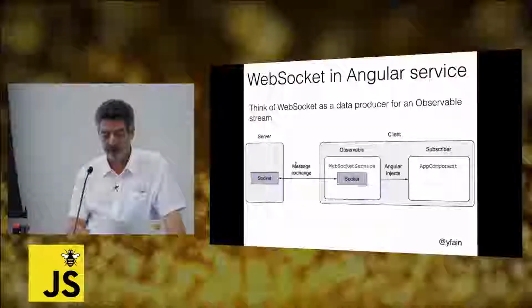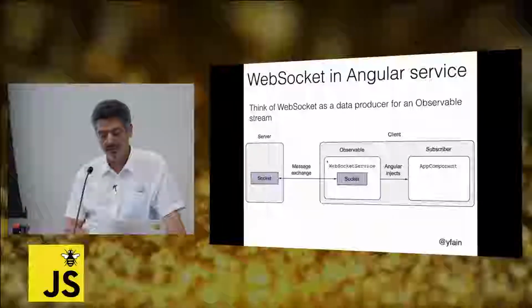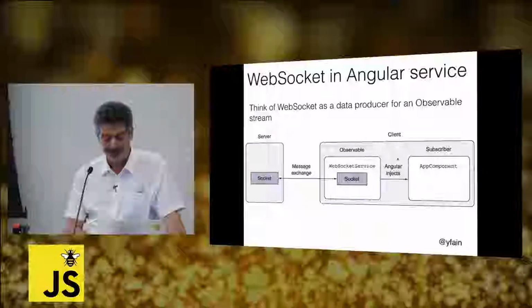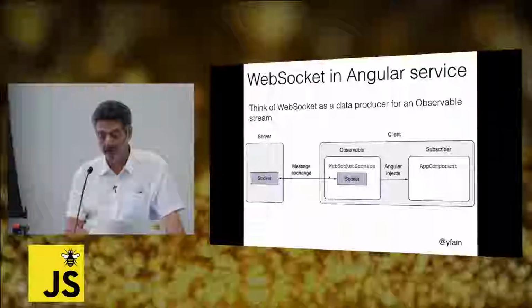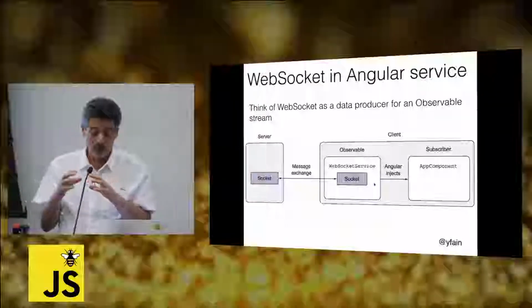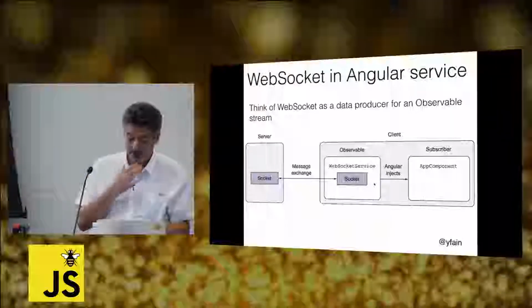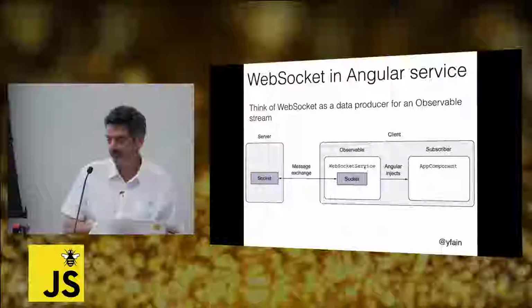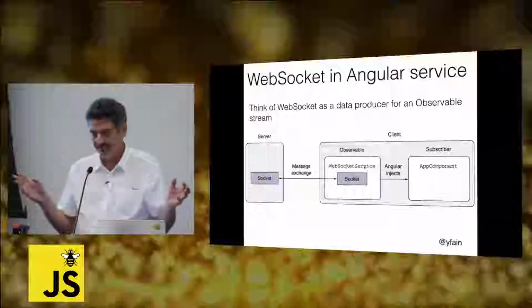Server, in our case, it's Node.js. Client, it's an Angular client, right? Then we will have a WebSocket service class, where we will encapsulate all communication with the Node server. This WebSocket service is injected into a component. Standard Angular model.